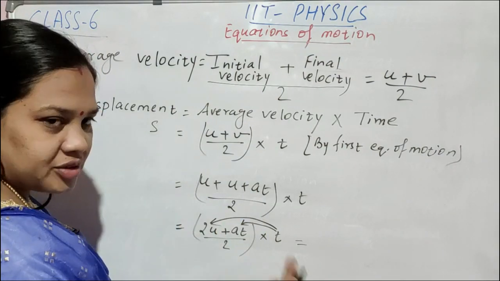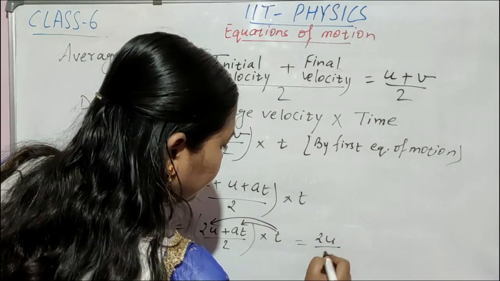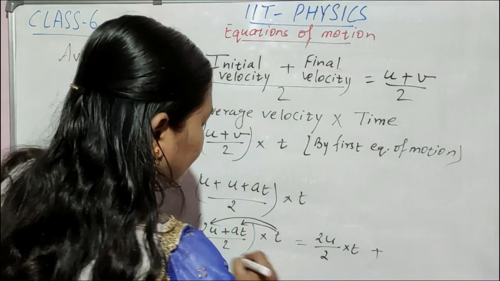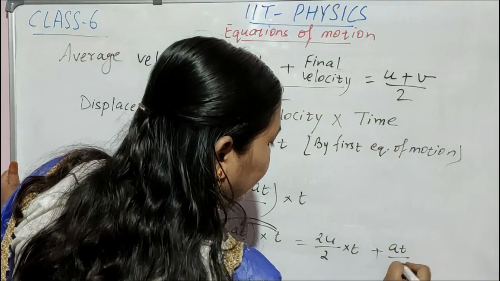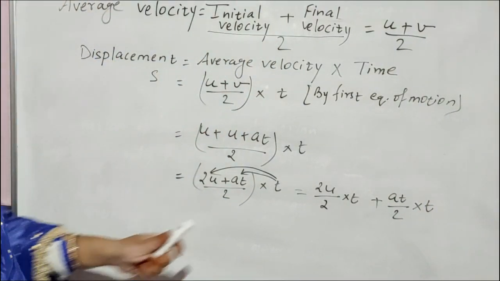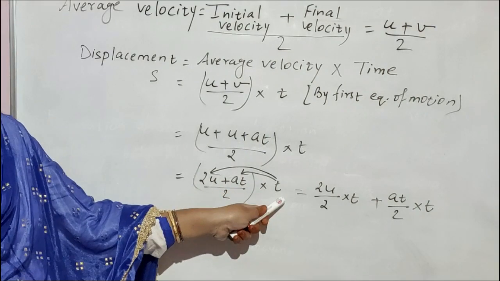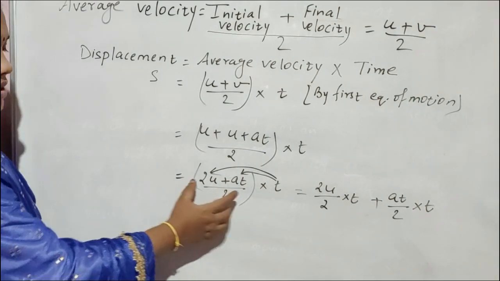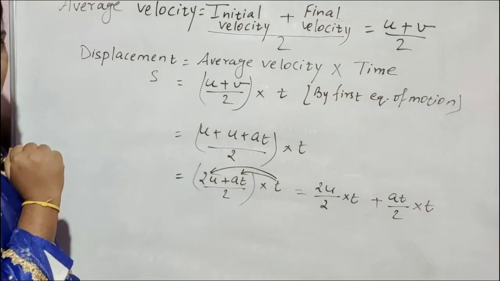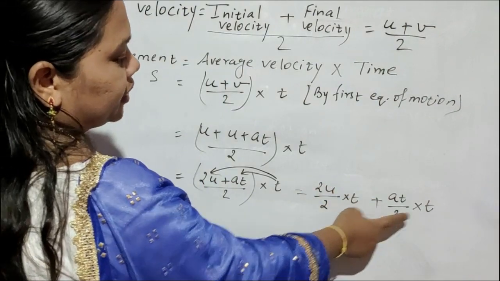So when we remove the bracket, 2u by 2 into t plus at by 2 into t. Very clear? t is multiplied by both, 2u into t, at into t. When you separate this, 2u by 2 into t, at by 2 into t.